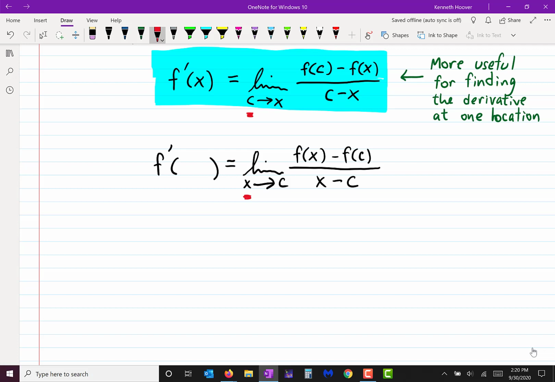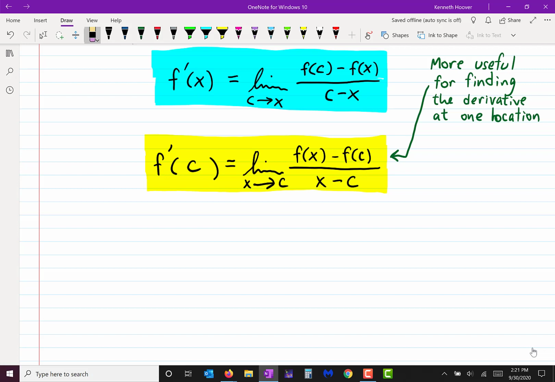In that frame of reference, it looks like x is the one doing the moving, and c is the one standing still. Then in that case, it would be proper to write f prime of c. And that's what I mean when I say that I find that to be more useful if you're trying to find the derivative at one single location.